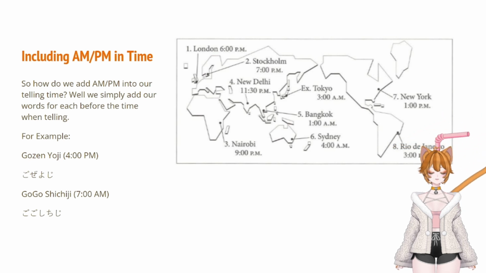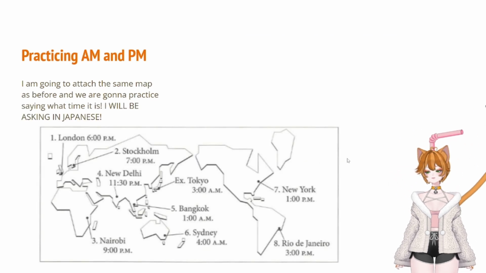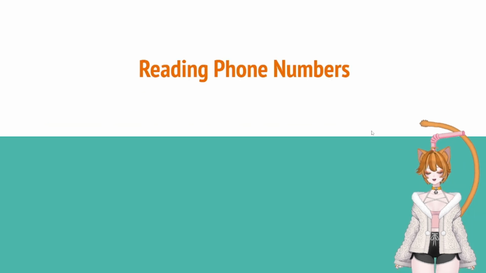Number 5. Number 6. Number 7. Number 8. And feel free to pause in between each number if you need a little more time to figure out how to tell the time. This is just the practice I asked my students in the live lesson in Japanese.